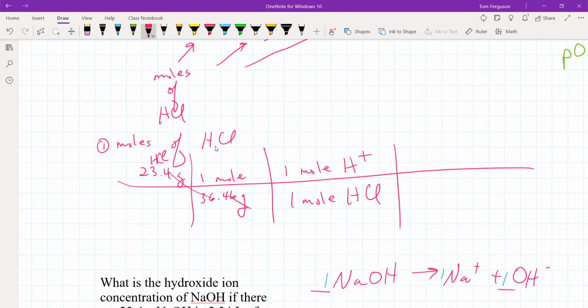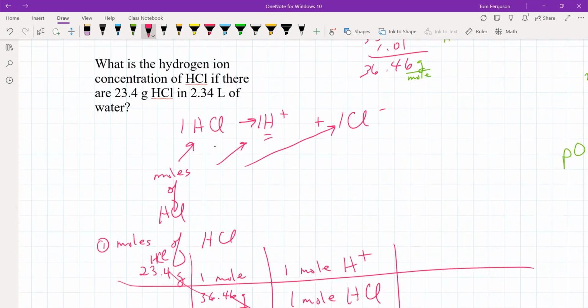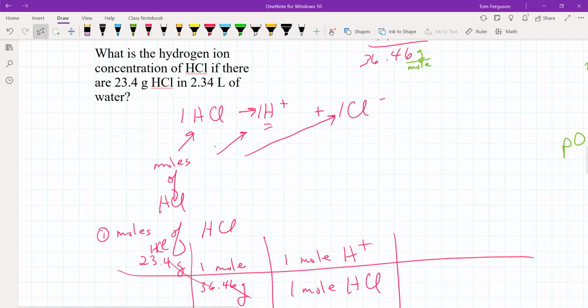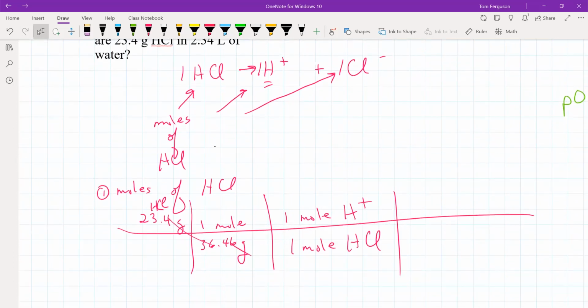Now the problem asked for the concentration. Concentration, remember from yesterday, is moles per liter. We've got the moles part now, and we've got the liters part. So if we do a quick calculation here.